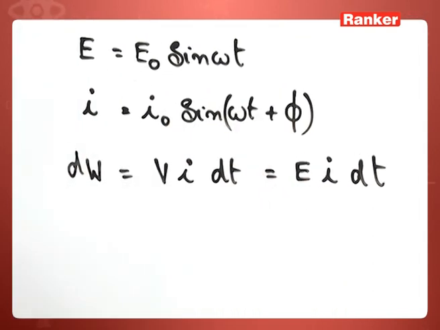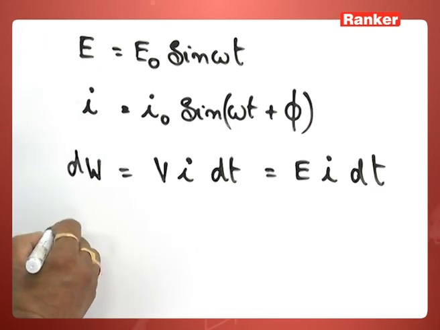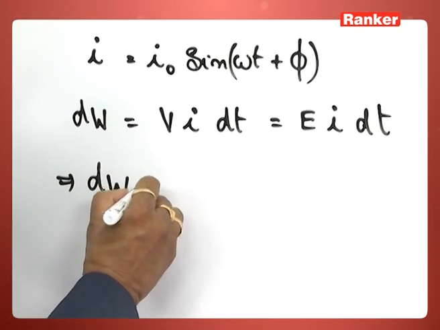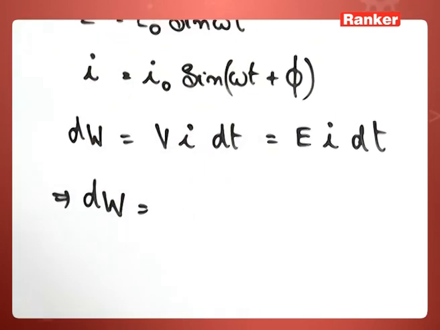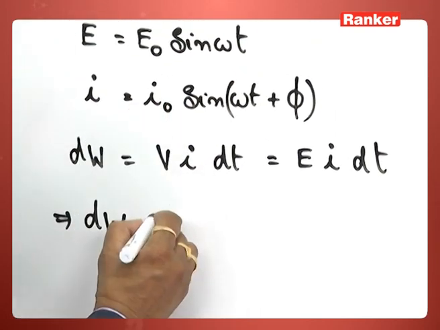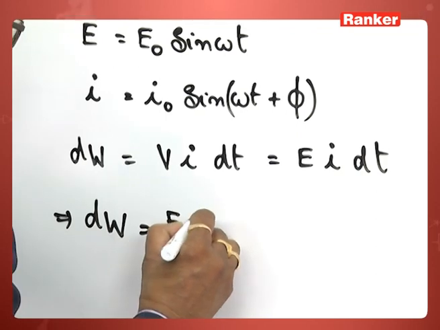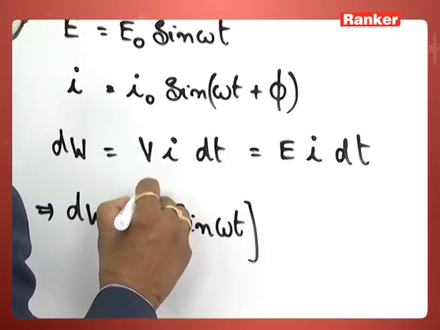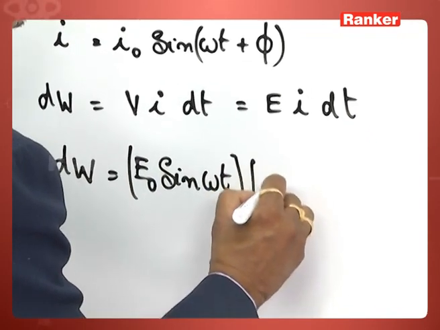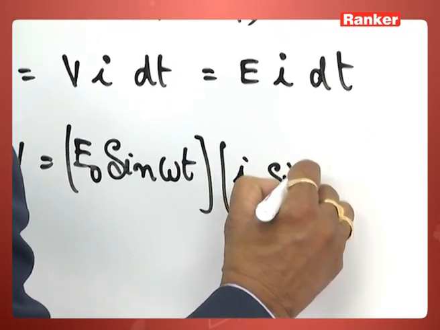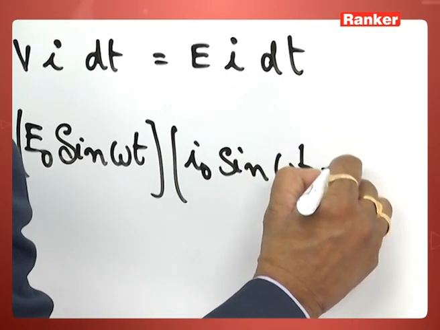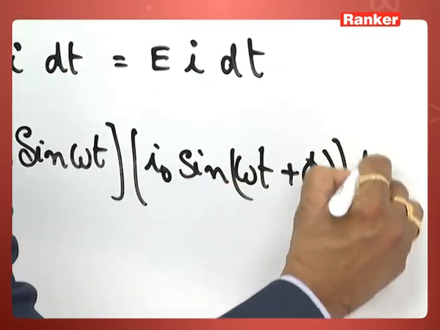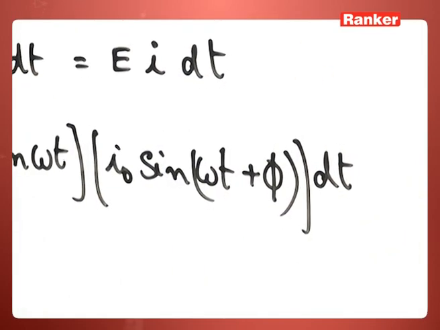We have specified. So let us work out dW in terms of these two given equations. Let us write E naught sin omega t into the value of I naught sin omega t plus phi, and dt will be there.